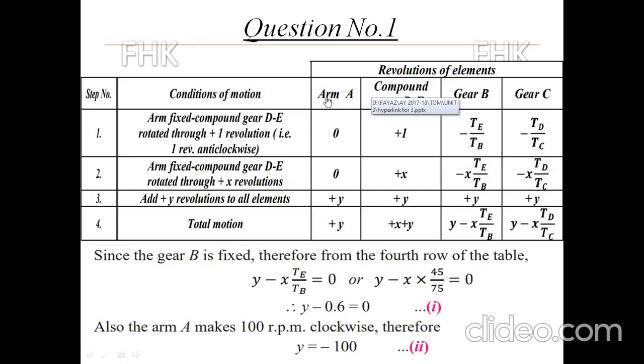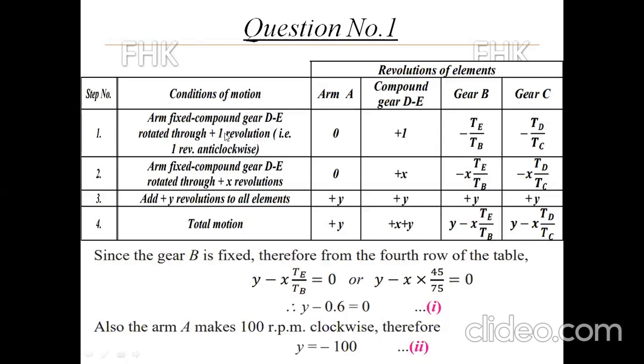The different elements here are arm A, compound gear D and E, gear B and gear C. Now the first condition: fix the arm and give one revolution in anti-clockwise direction to compound gear DE.